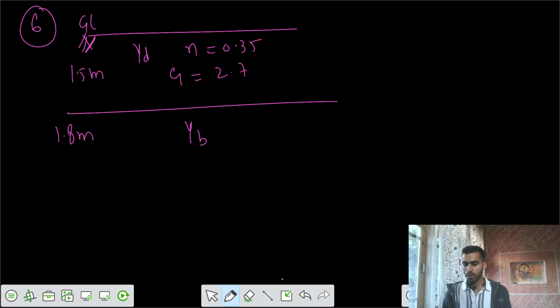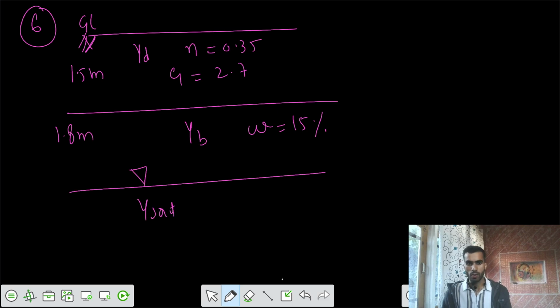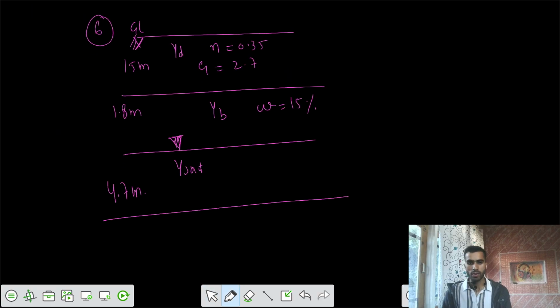Gamma bulk can be calculated because we have water content of 15%. After that we have one more soil, that's gamma sat, because we have the water table here. That layer is 4.7 meters. So the total depth up to this level is 8 meters. This is your 8 meter level from the top.